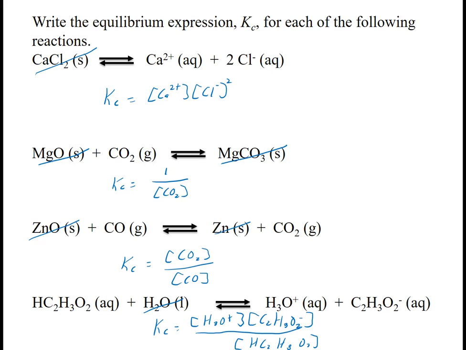This is going to be a type of reaction that we're going to be doing in chapter 16. This is basically a weak acid dissociating in water, but instead of forming all products like a strong acid does, it forms products and the weak acid is still there.